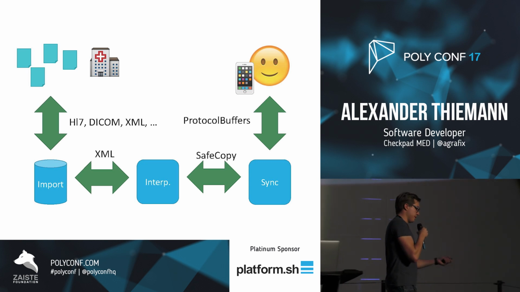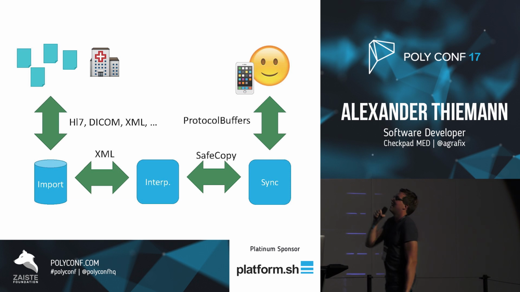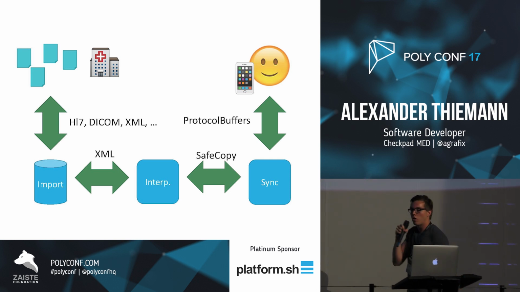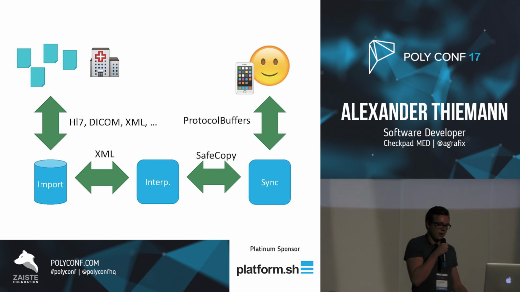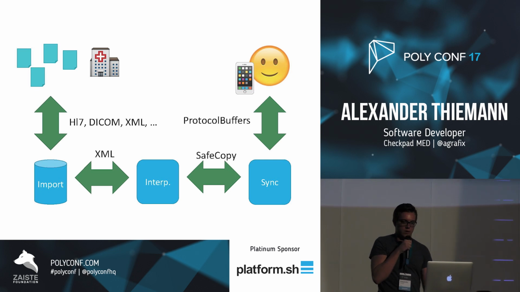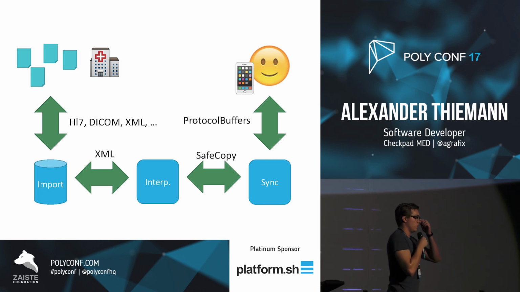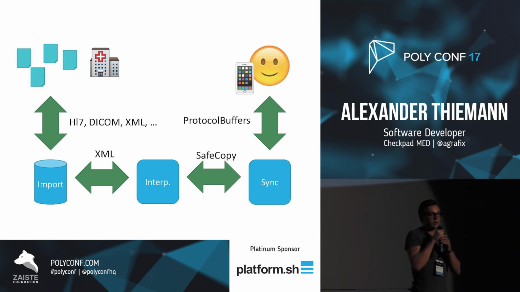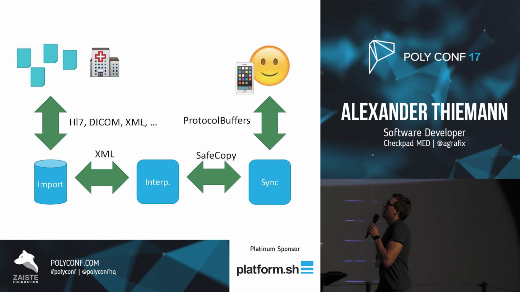They have various formats like HL7, that's a very clinic-specific format, DICOM, that's an image exchange format that is used in hospitals, and also XML files, and these are imported by one of our services, right? In this import step, we are basically trying to get rid of all these different custom data formats and normalize it into one single format, in this case XML.